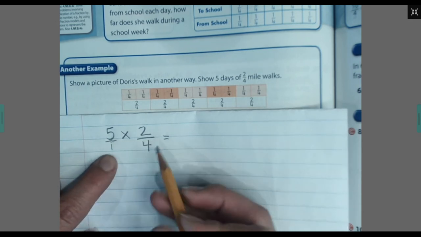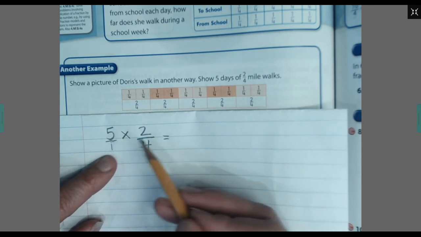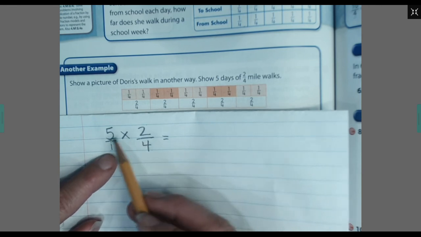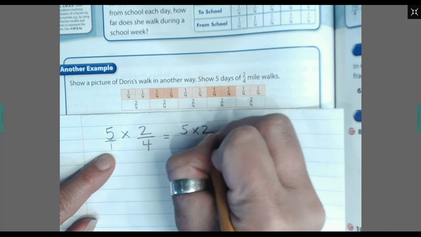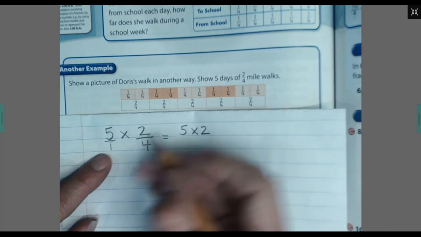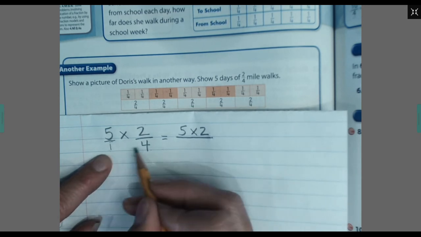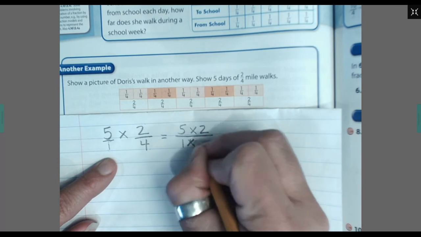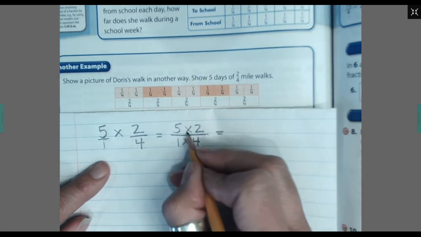When we multiply fractions, we multiply our numerator times our numerator, denominator times our denominator. So my numerator times my numerator is 5 times 2, and we have our big division bar. Denominator times our denominator, 4 times 1, we can write like that. And now we can solve. 5 times 2 is 10, and 1 times 4 is 4.